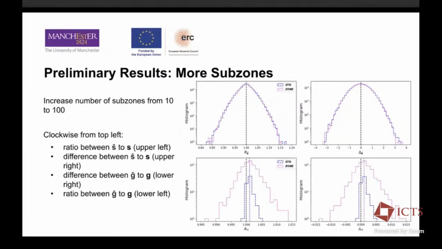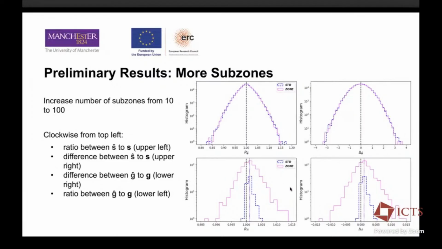We've also tried to have more subzones. Instead of just having 10, we increase it to 100. I'm showing you the same plots. Here, the more zones case is in magenta. For the signal, you get a similar distribution as well.